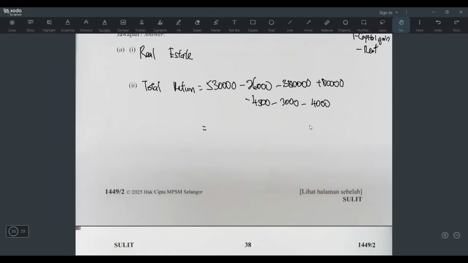So 530,000 minus 26,000 minus 380,000 plus 80,000 minus 4,500 minus 3,000 minus 4,000. Okay, I got 192,500. Nice.